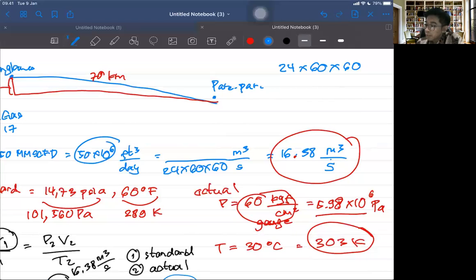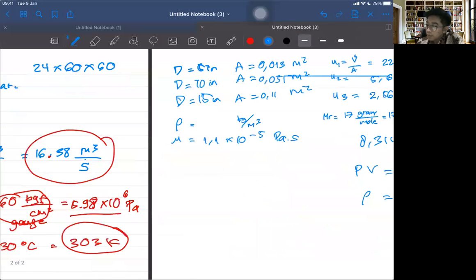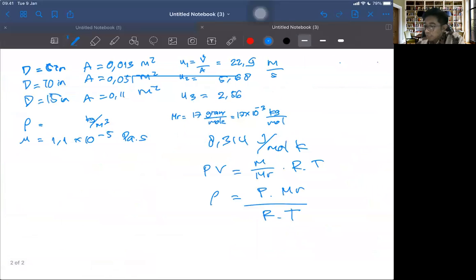Okay, yeah, it's correct. Because the pressure is very high, the density of the methane is high.